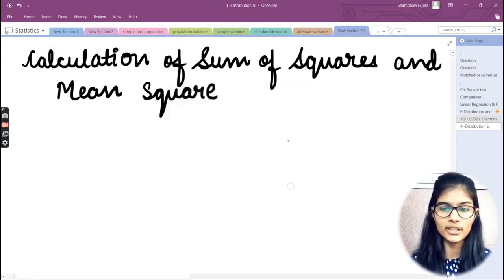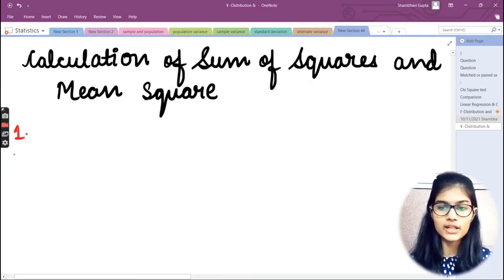I will also be denoting some different terms so as to remember the notations and what they actually mean.